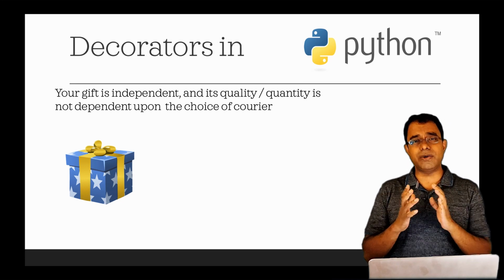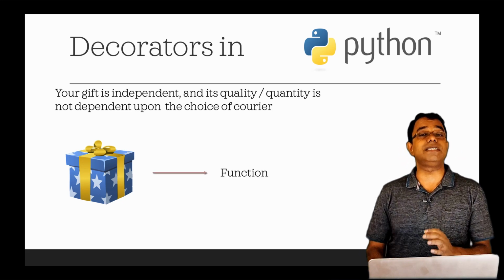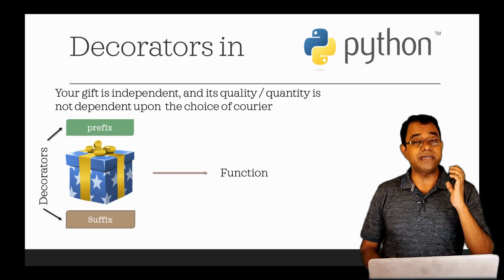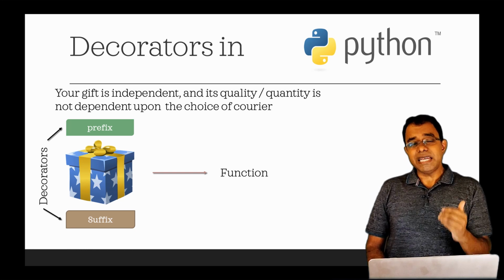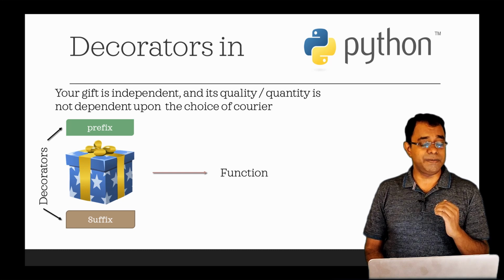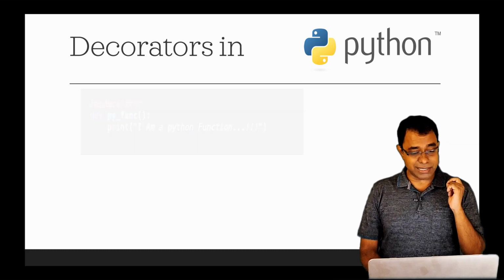So basically what a decorator does is that if you consider this gift as our function, any normal Python function, decorators are nothing but a set of prefix and suffix that can be seamlessly added to any function in Python. Okay, so this is what a decorator does. Let's see a real-time Python example.